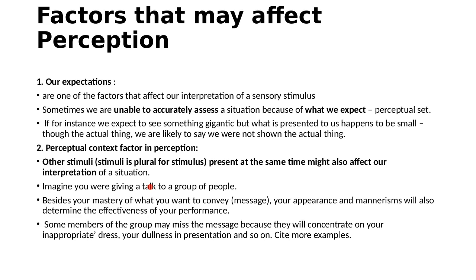For example, imagine you're giving a talk to a group of people. Besides your mastery of the message you want to convey, your appearance and mannerism will also determine the effectiveness of your performance.